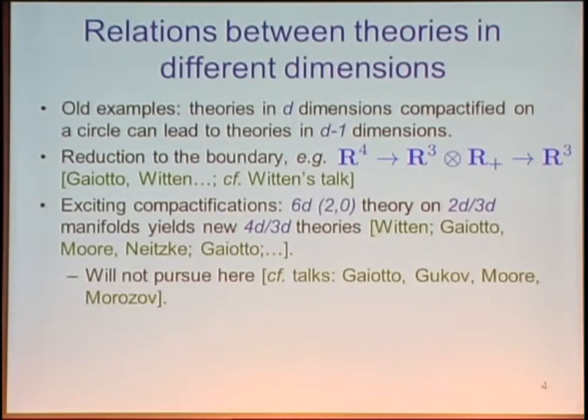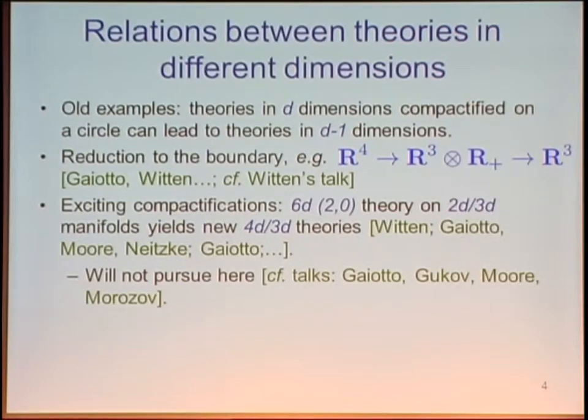Now, over the last several years, starting from the work of Witten in the previous millennium, but following the work of Gaiotto, Moore, and Neitzke, and culminating in Gaiotto's work, the 6-dimensional (2,0) theory was compactified on various 2-dimensional manifolds to lead to new four-dimensional field theories.